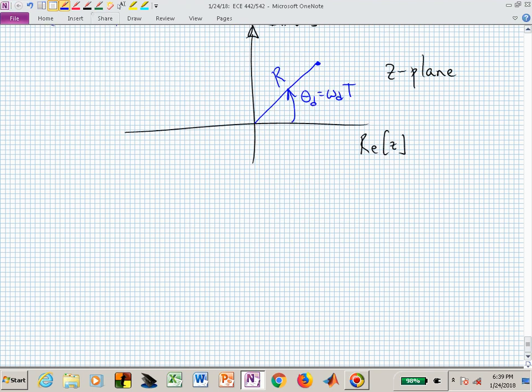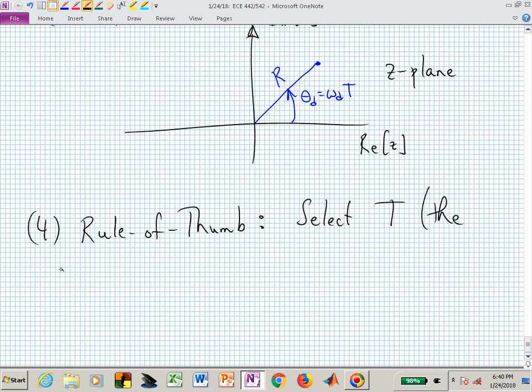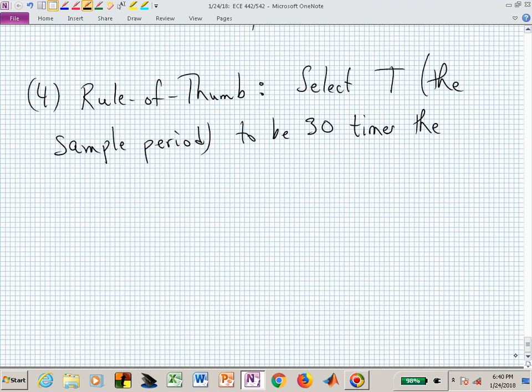Observation 4. This was our rule of thumb that we've been talking about. We select our sample period, capital T, to be 30 times the closed loop bandwidth.